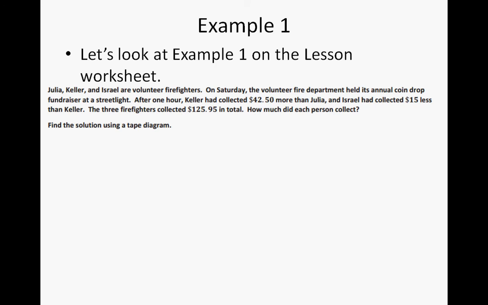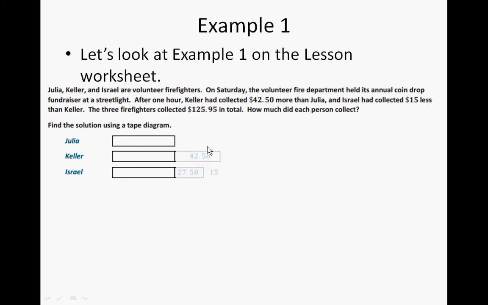And we're going to start off with a tape diagram. So in order to represent this, Julia, Keller, and Israel all have at least in part the same amount of money. And this is based on the fact that Julia, we don't know how much she has made, but Keller has $42.50 more. So to show that Keller has $42.50 more than Julia, they all start out with Julia's amount.